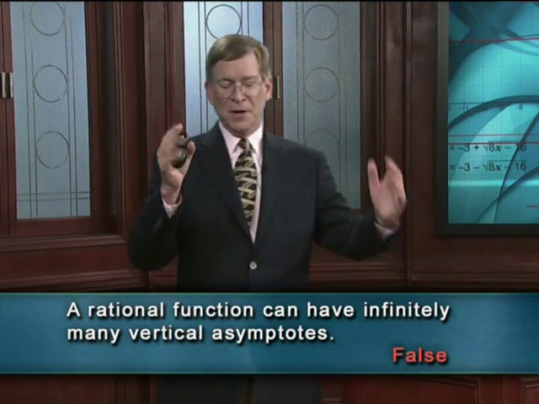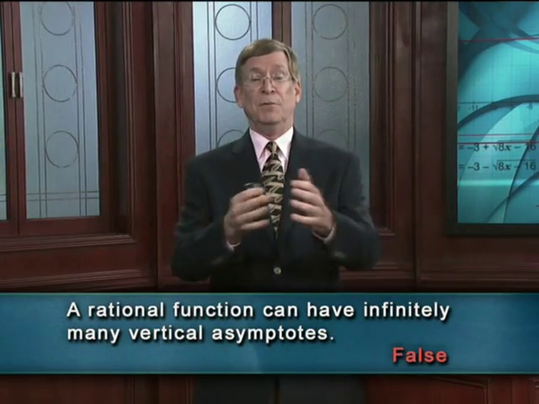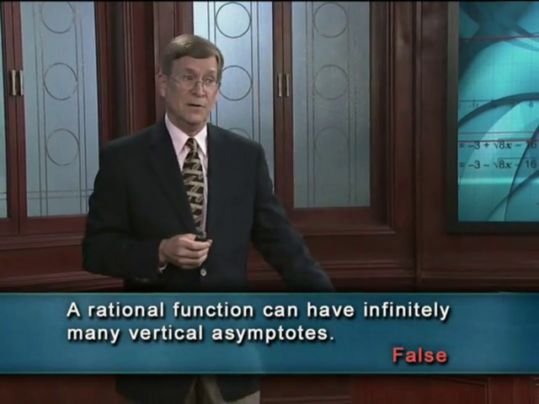Remember that the number of vertical asymptotes is related to the degree of the polynomial in the denominator. That said, tune in for trigonometry, when we'll see the tangent function and some others that have an infinite number of vertical asymptotes. Okay, so that was a false. Another question.